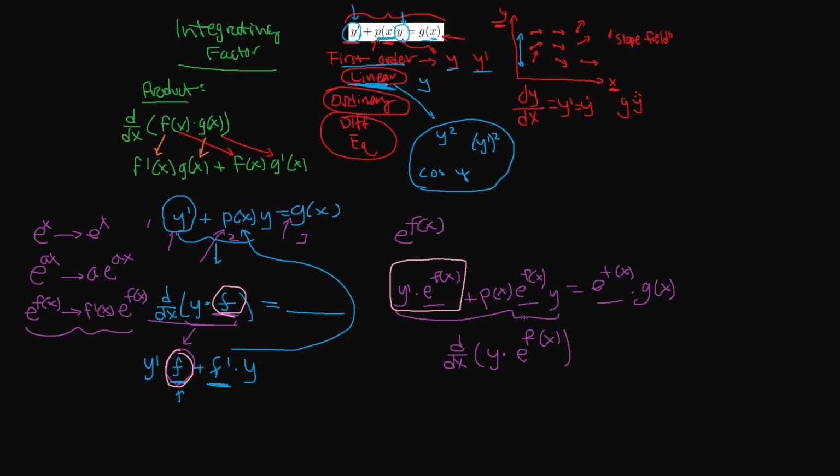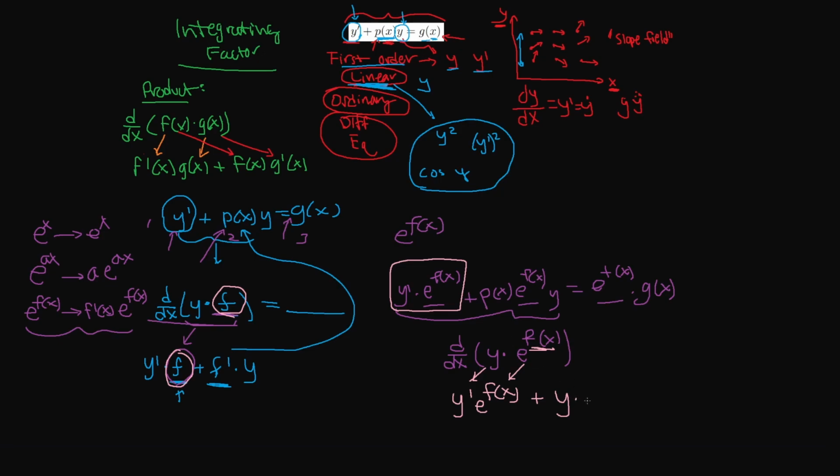And so now if we take its derivative, because we don't know what this exponential is yet, but we're going to figure it out. But first we kind of just have to pretend that we know what it is. So we have y prime times e to the f of x, right? We take the derivative of y, keep this one the same, and now we're going to keep y the same, and now take the derivative of this.